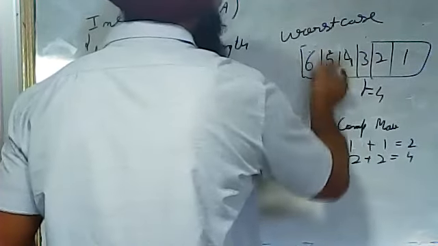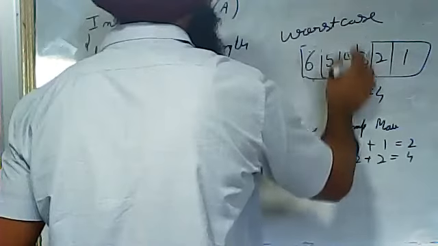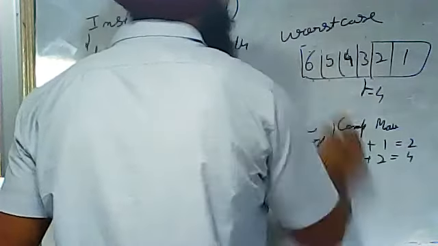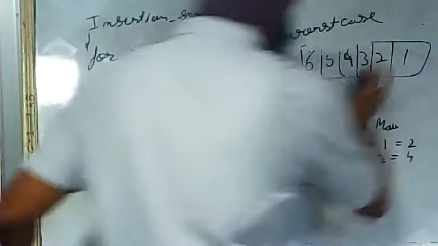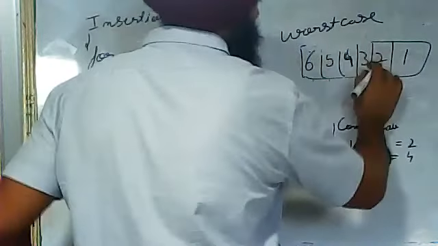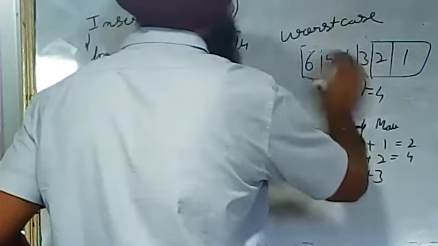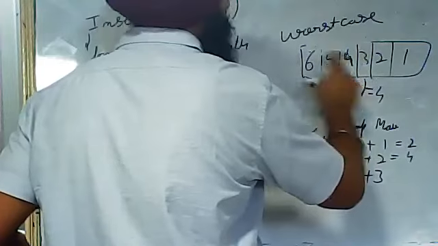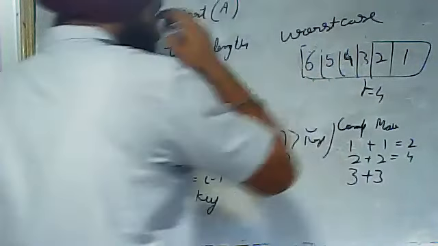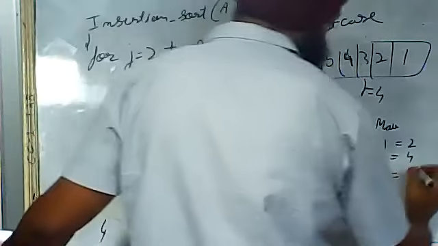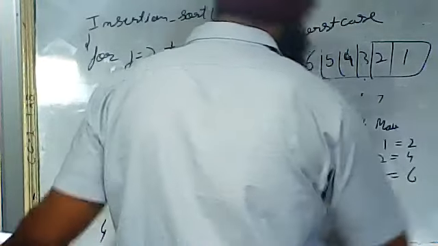We'll have to compare it with all the elements. So for j equals 4, there will be 3 comparisons and 3 movements. We'll copy this one here, copy this one here, compare it with this one, compare it with this one, compare this with this one. So we'll compare it with all the elements, and it will become 6 for j equals 5.